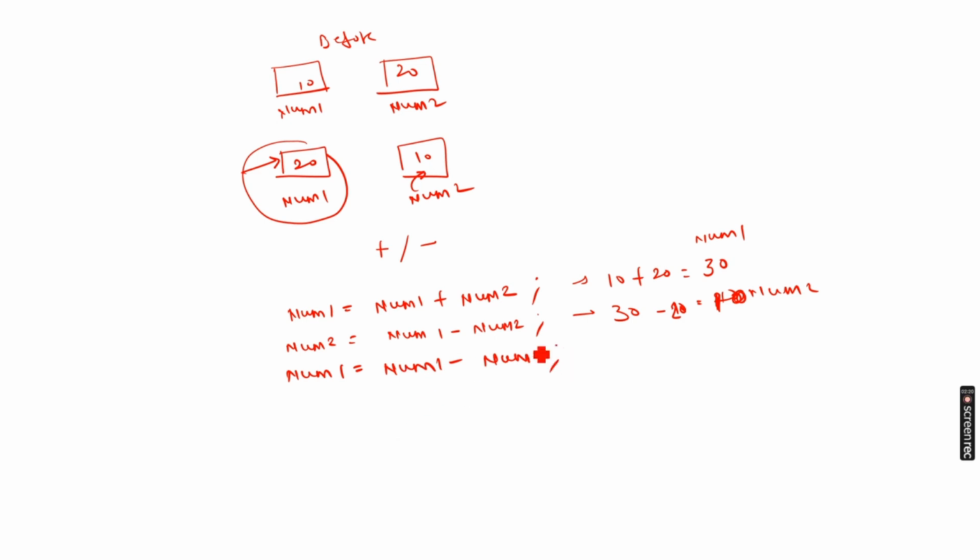So num1 contains 30 minus num2, but now the new num2 is 10, so the result will be 20. Now num1 will contain 20. This is the expected result: num1 is 20 and num2 is 10. This is how you swap the two numbers.